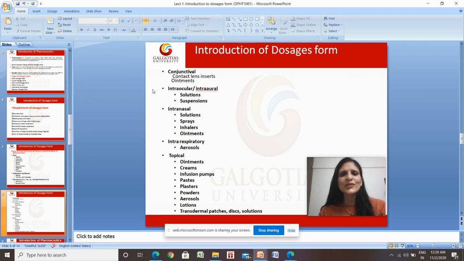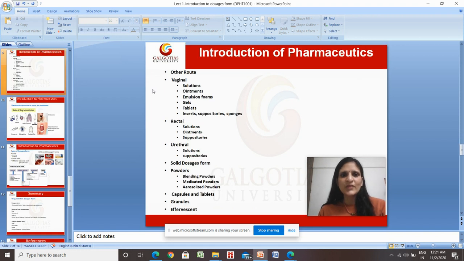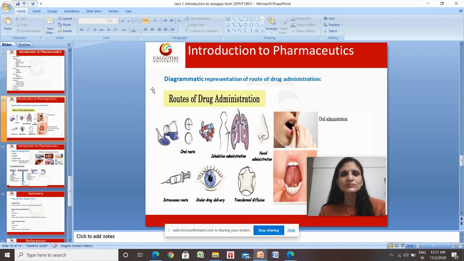So different dosage forms can be easily administered by the different routes. Some dosage forms are administered by the topical route, that means via skin, by spreading, by syringe, in the form of patches. So these are the different routes of drug administration.